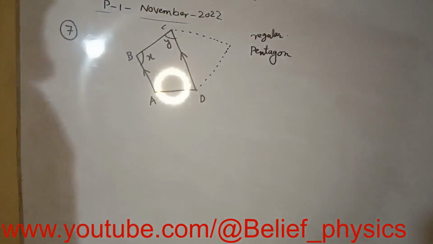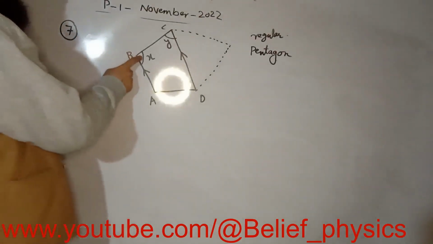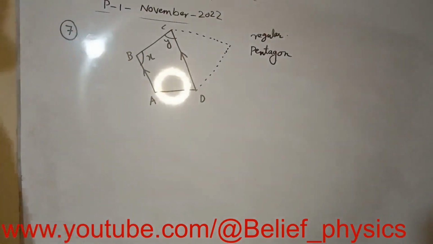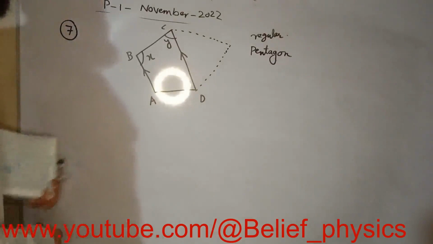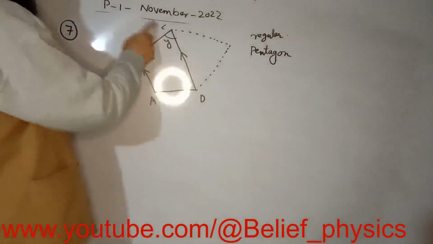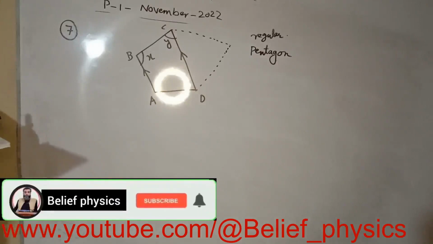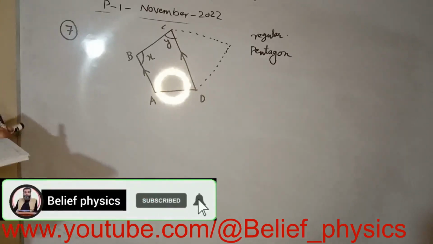It means this X is the interior angle of the regular pentagon. AB and DC are two parallel lines. We have to find X and Y. Part A is find X and part B is find Y.